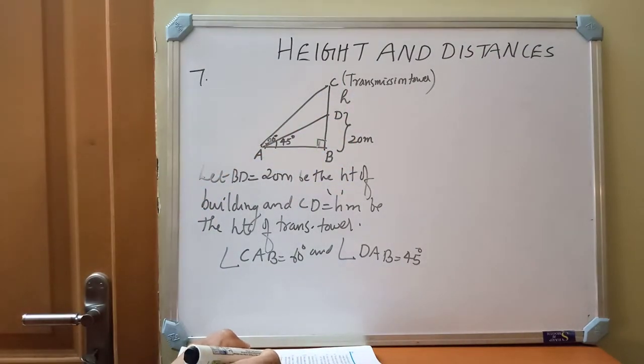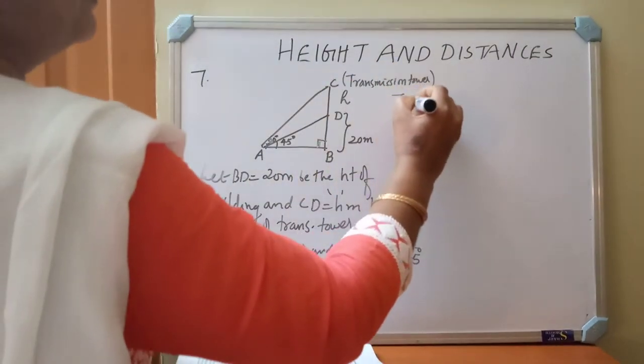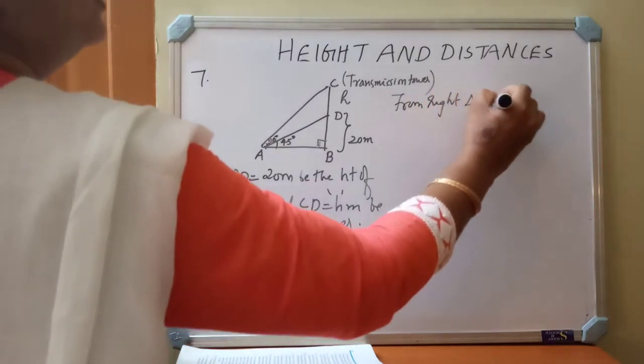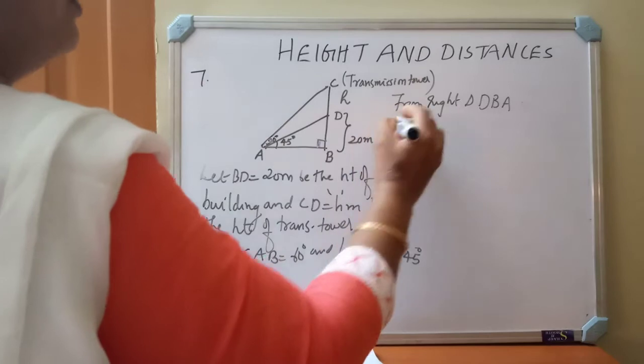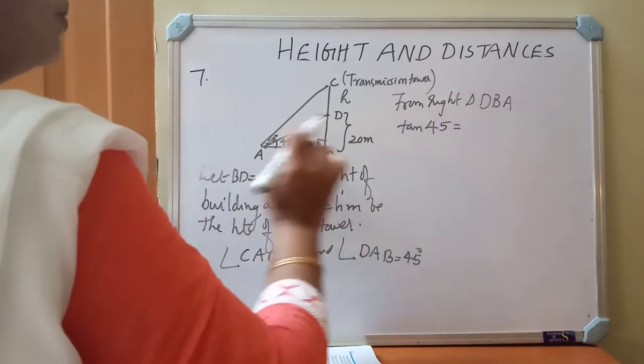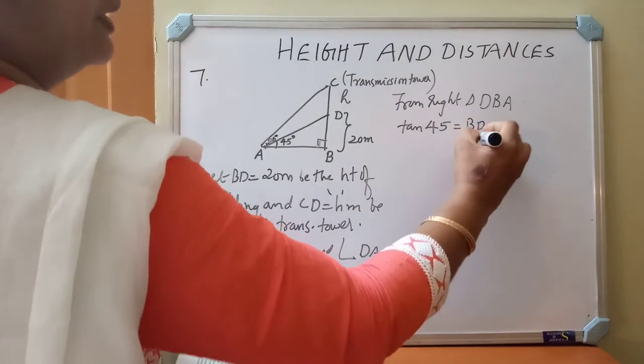Okay, so first I am considering the right triangle DBA. From right triangle DBA, tan 45 is equal to, what is tan 45? Opposite by adjacent, that is BD divided by AB.